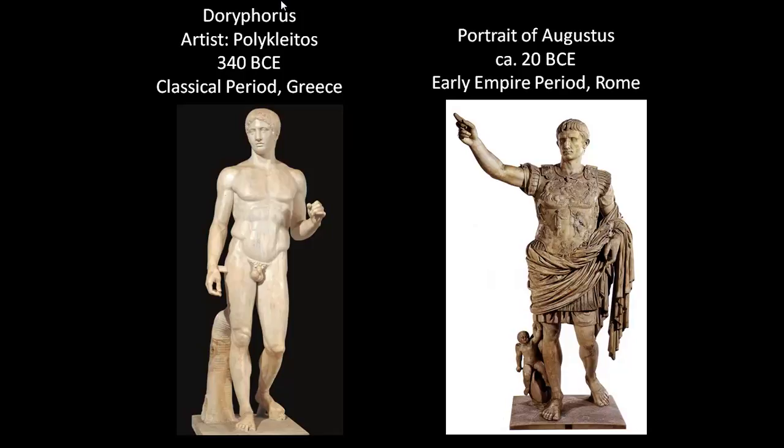Now we have emphasized musculature seen by the nudity in the Doryphorus figure. We don't have the nudity in the Augustus portrait, but we do have the reference to musculature with the breastplate that does have the musculature carved in. And in this breastplate we have varying scenes of war, scenes of deities, which work together to talk about the ways in which Augustus came to power.